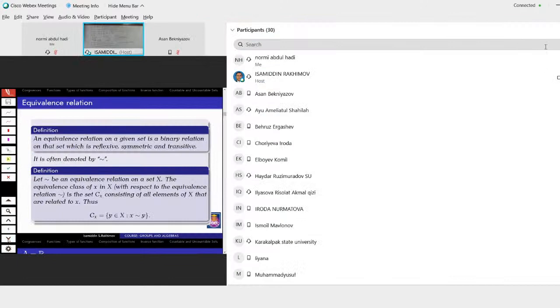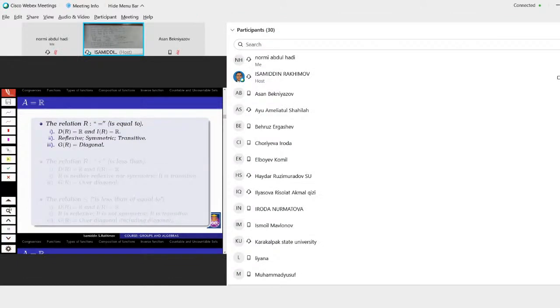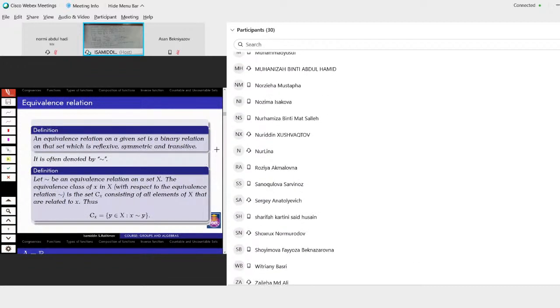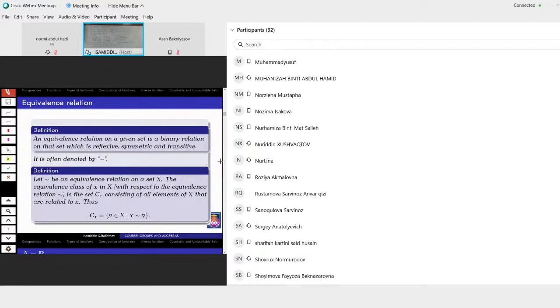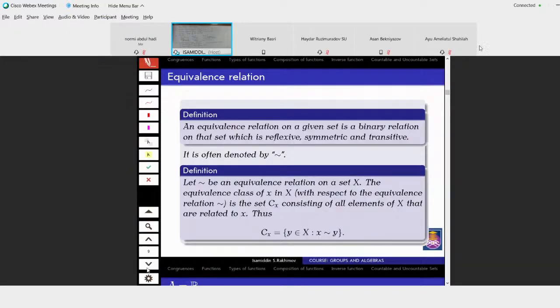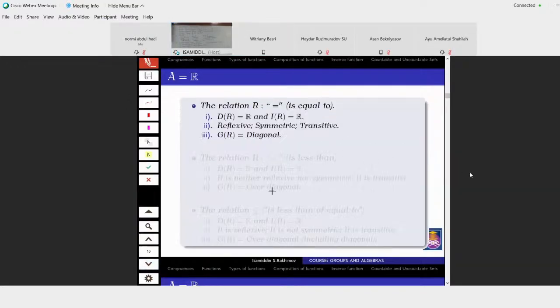So I want to go through the examples which we had last time and give some comments on those examples with respect to these properties. The first example was the equality relation, is equal to. So let's discuss all the things in that particular case.